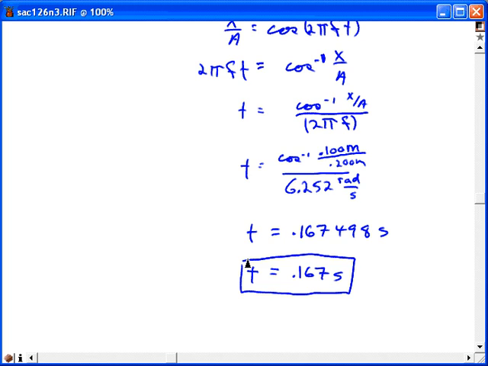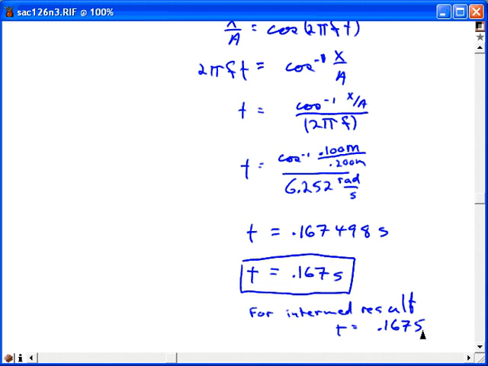And for intermediate results, I'm going to call T 0.1675.